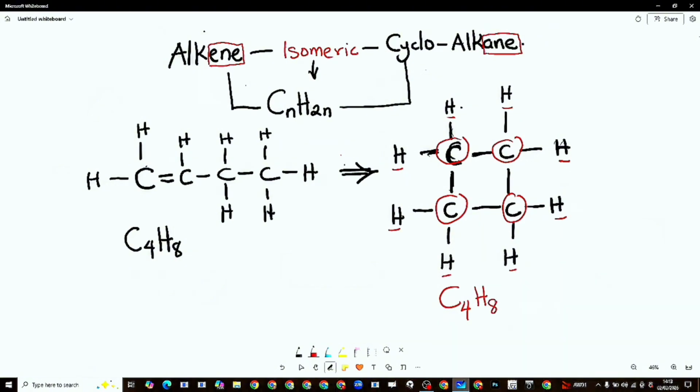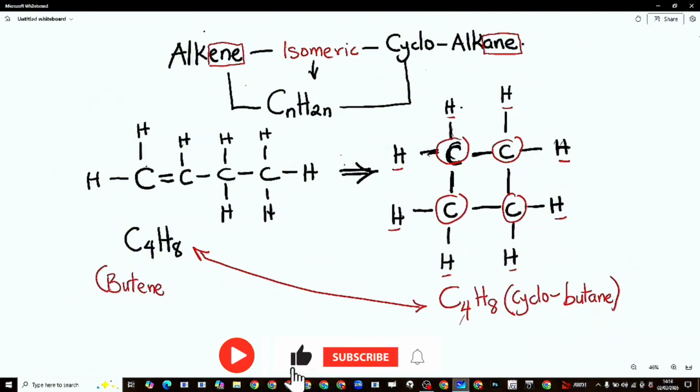You see that both of them have the same molecular formula. So we can say that the cycloalkanes are isomers of their corresponding alkenes, right? This is cyclobutane, and this guy is butene. They are isomers. It means that both of them have the same molecular formula.